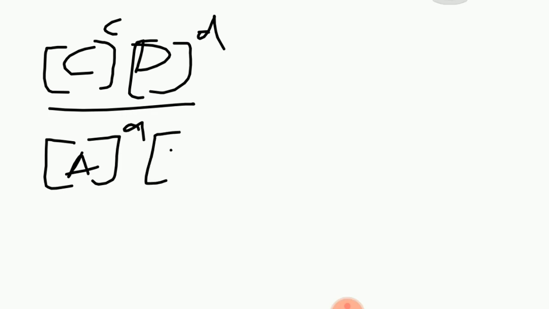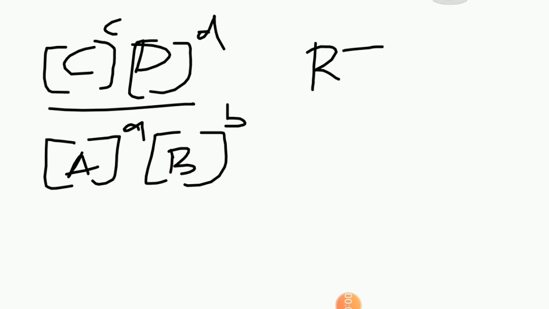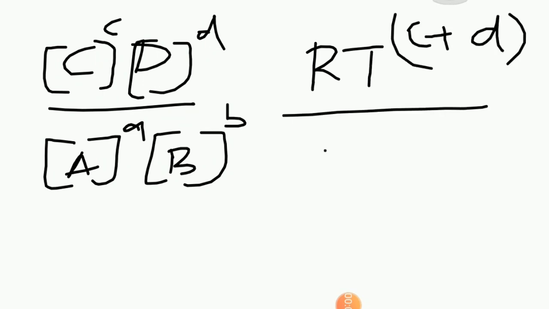Now let's rearrange the terms. We will get concentration of C raised to c into concentration of D raised to d divided by concentration of A raised to a into concentration of B raised to b into RT raised to c plus d divided by RT raised to a plus b.